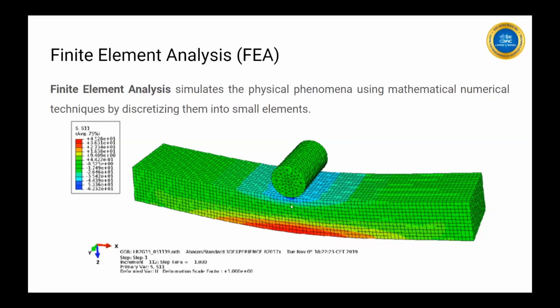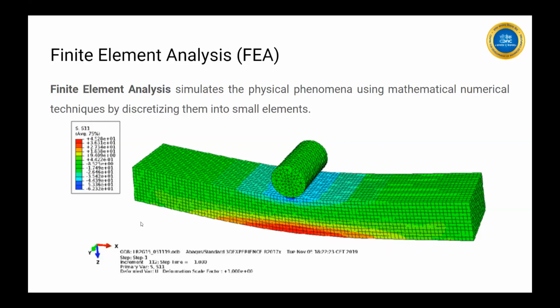You can see the area here which is almost green has less force, and the area here has more force acting upon the body. The color changes depict this. There are softwares for this: we are using SolidWorks, and there are dedicated softwares like ANSYS for doing this kind of FEA activity.